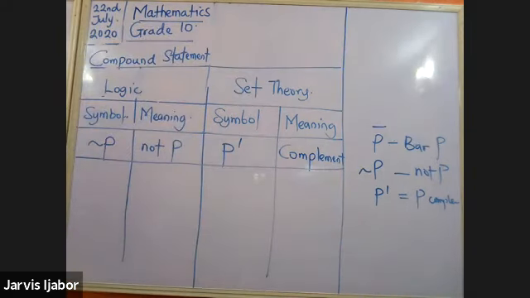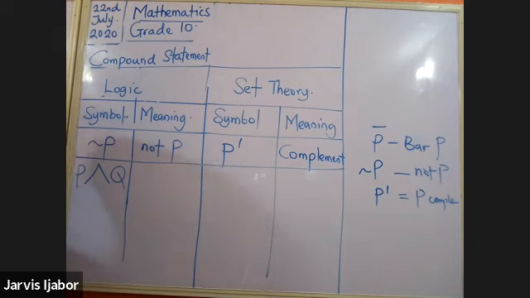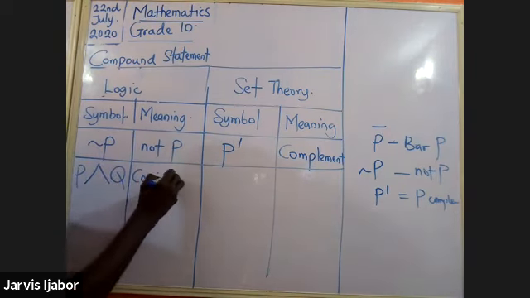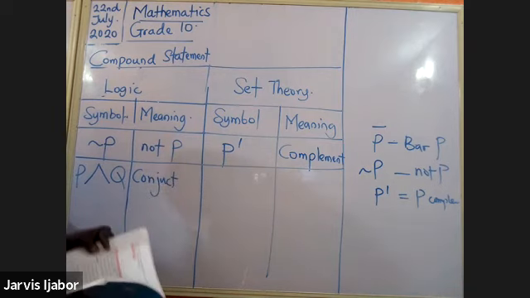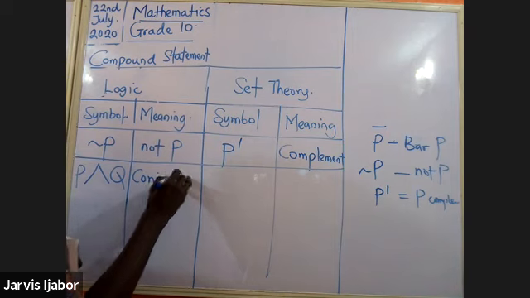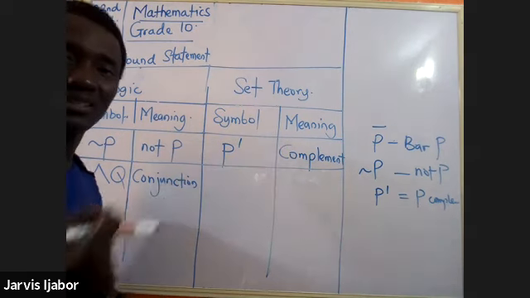Now the next one is what? P and Q. This is how we write it in sets, and this is called a conjunction. Now it will interest you that we are studying a bit of English in sets. In fact, it's essentially English. Conjunction. A conjunction is a word that connects.